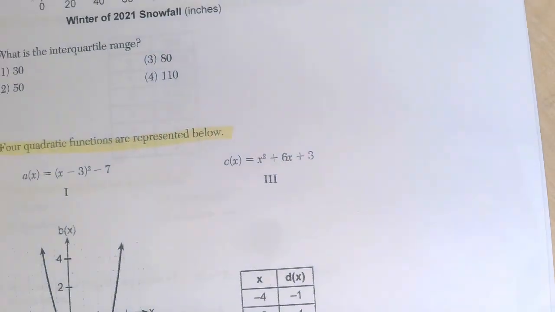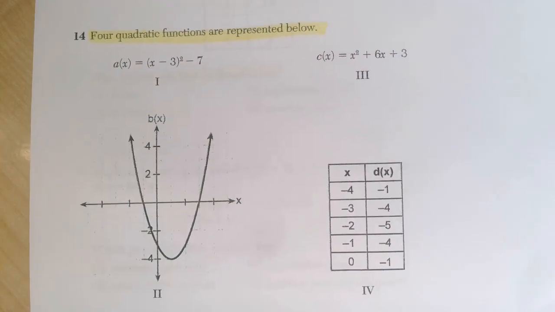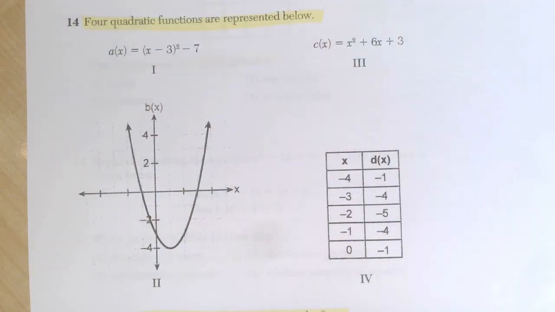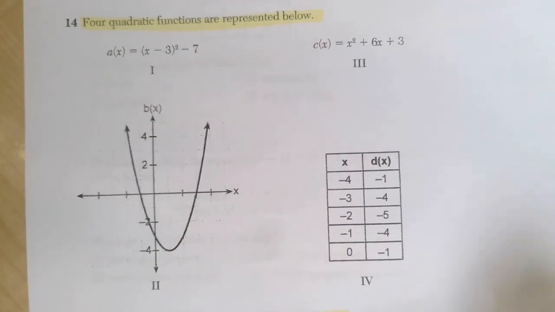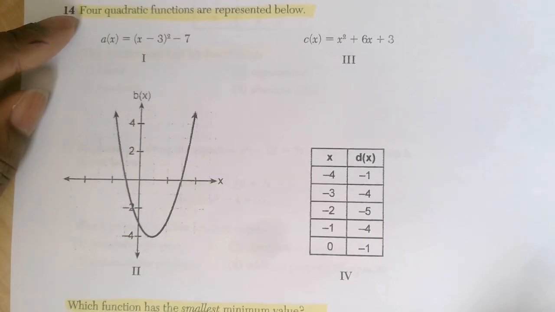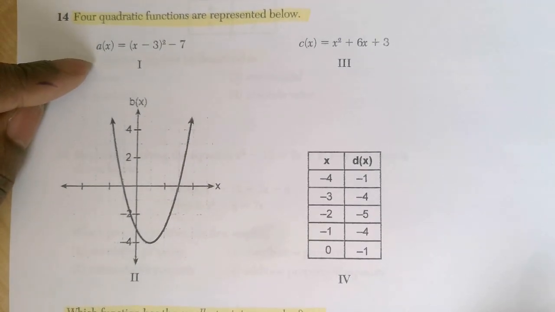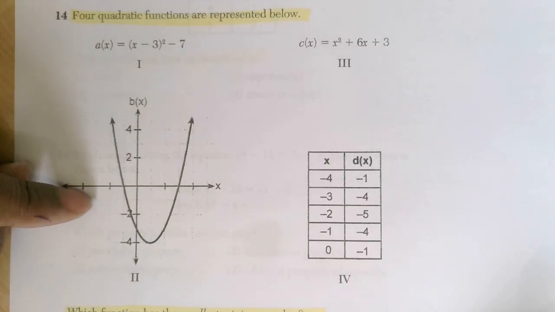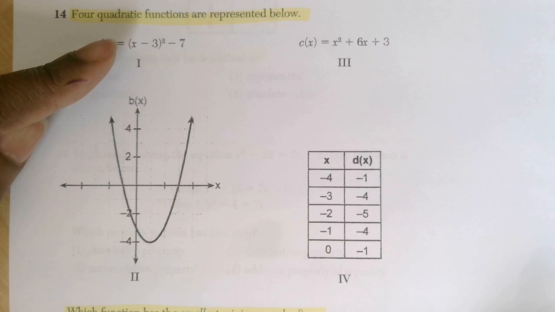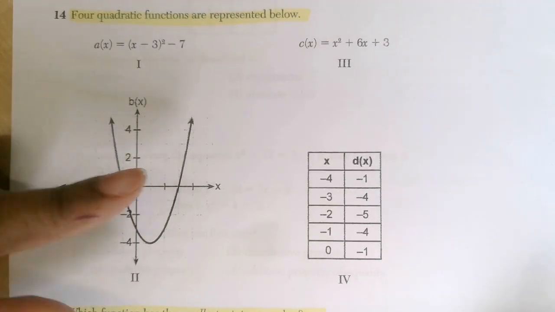All right, we're going to go on to question 14. The next question says 4 quadratic functions are represented below. So we're given one in vertex form, we're given one in a graph. This is a parabola. We know a quadratic function creates a parabola.